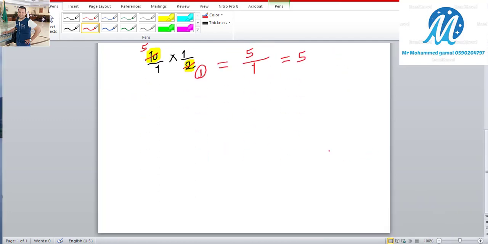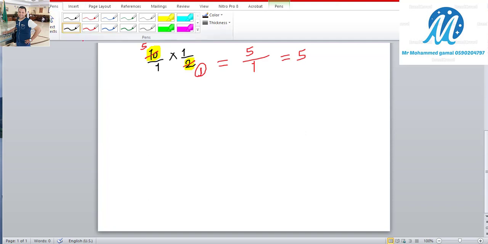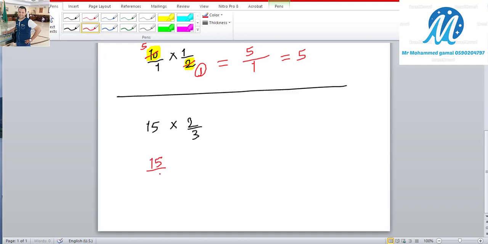Okay, so another one. If I'm going to multiply a whole number, which is 15, multiplied by, let's say, 2/3. First of all, I'm going to make 15 to be 15 over 1. Then multiply by 2 over 3.